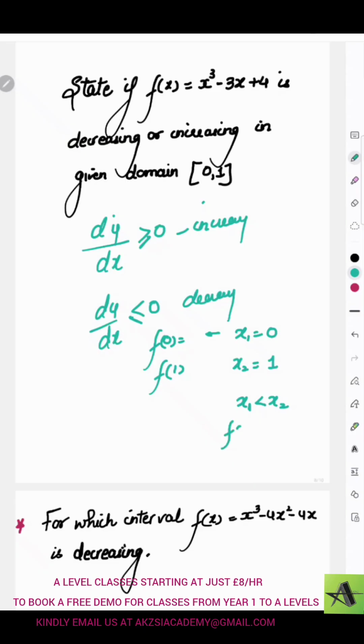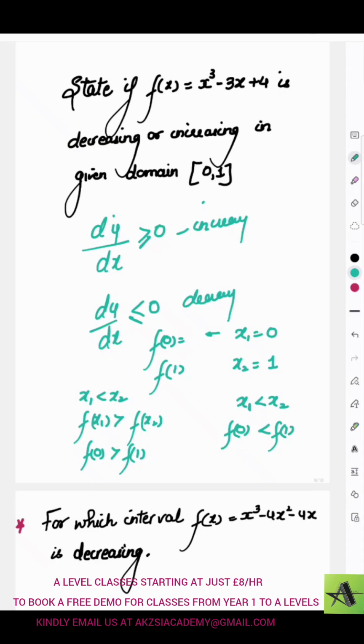If we find f of 0 to be smaller than f of 1, then it's going to be increasing. But if it works opposite, that means x1 is smaller than x2, but f of x1 comes out to be greater than f of x2, that means f of 0 comes out to be greater than f of 1, in that case I'll say that this is a decreasing function. So you can apply any one of them.